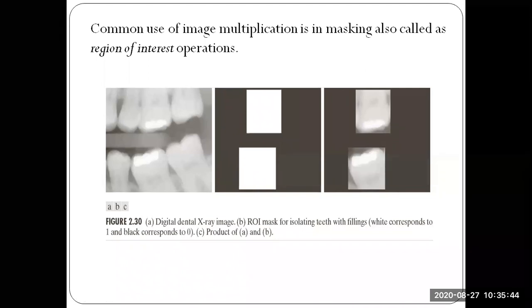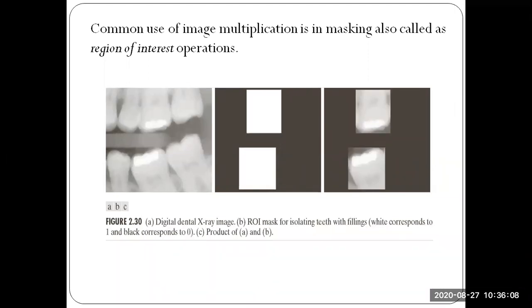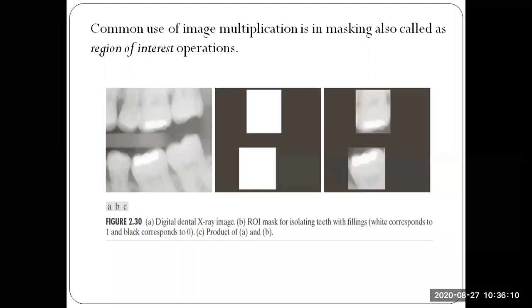If our tooth is damaged, when we go to the dentist, they ask for your X-ray. If there is any damage in your tooth or any infection, those are highlighted by the X-ray. But we don't want all the remaining teeth. We want only the particular damaged tooth.